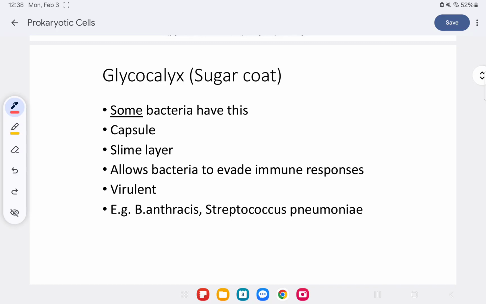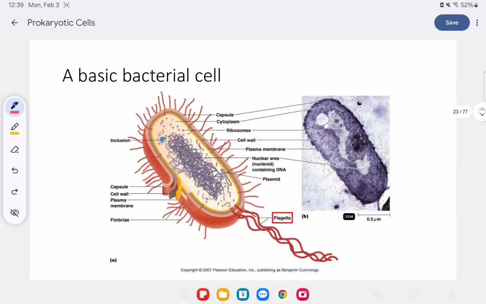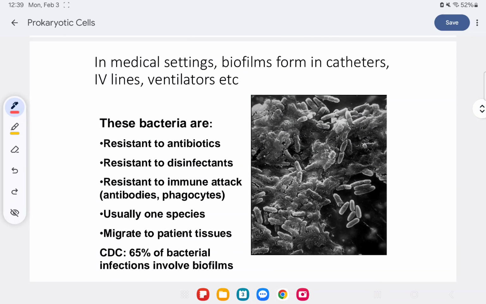It would be slimy, and because it's slimy, my immune cells cannot grab it. It also ends up being very important in healthcare because it's resistant to antibiotics, to antibodies. The phagocytic cells can't grab it. Very hard to clean. Okay?